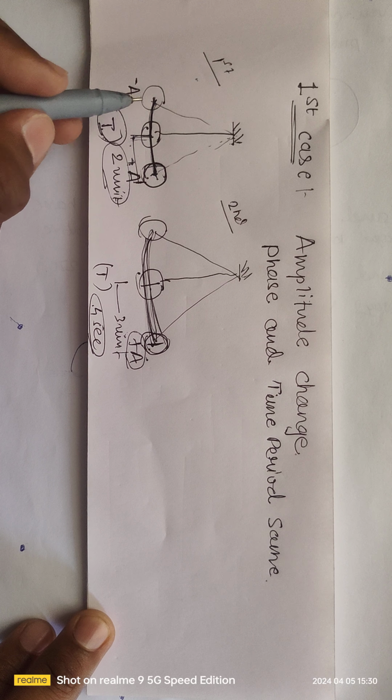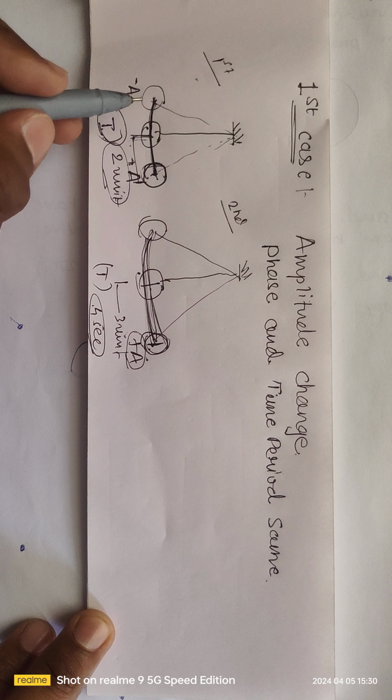So I have to draw both cases on the graph. In the second case, instead of amplitude A, I will denote it as B, plus B and minus B. For the first case, this is our equilibrium position.